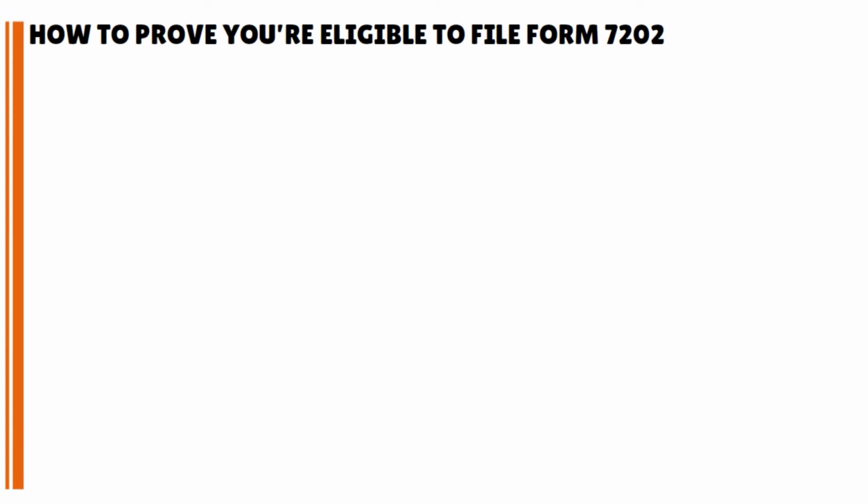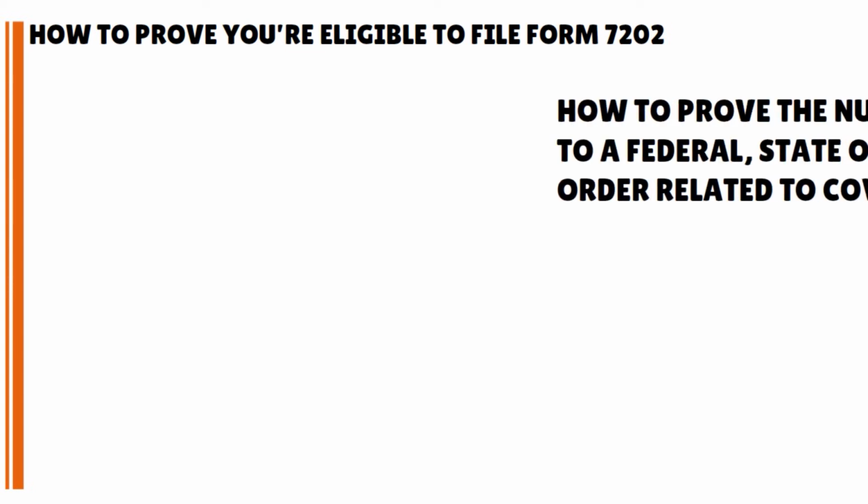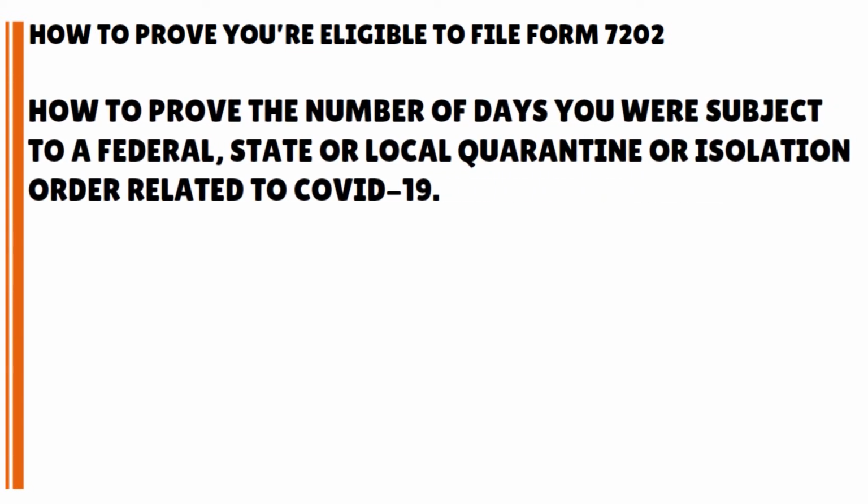Just to recap, I explained to you how you can prove that you are eligible to file Form 7202. In other words, how you can demonstrate that you are self-employed, and that you generate income from your activity. I showed you how to prove the number of days you were subject to a federal, state, or local quarantine or isolation order related to COVID-19.